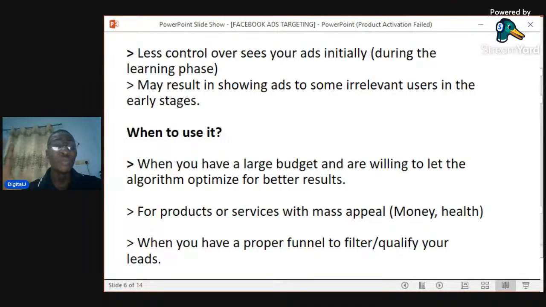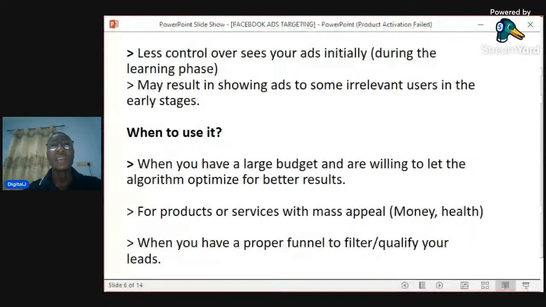Many persons would want to message you, would want to click on your ads, even if they cannot afford what you're selling. They will still want to come to your DM, they will still want to click on your ad. Why? Because you are using broad targeting, and you don't have a proper funnel to filter out these leads.